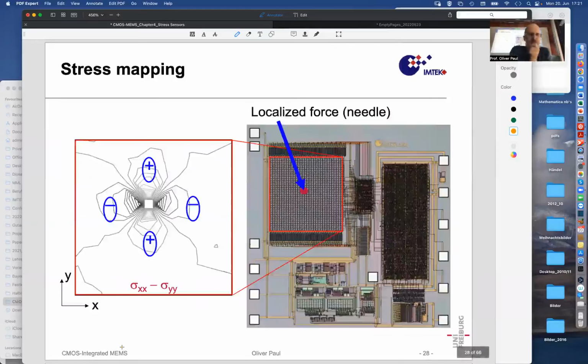So for instance, this array is again due to Michael Dölle. He now works for Zülke in Munich in a responsible position. And you see here an array of 32 by 32 stress sensors.